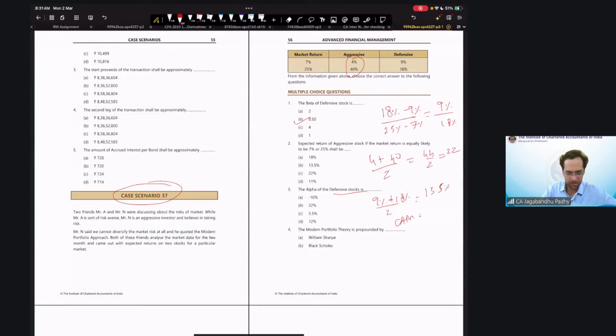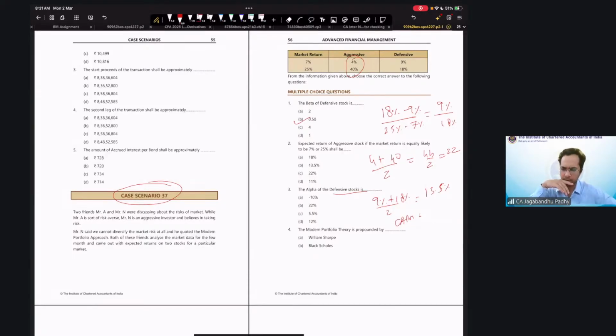CAPM return will be risk-free rate. What's the risk-free rate given? No risk-free rate is given. So then we can say this is the expected return. We have beta as 0.5.